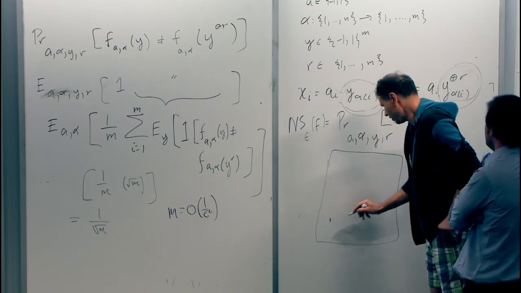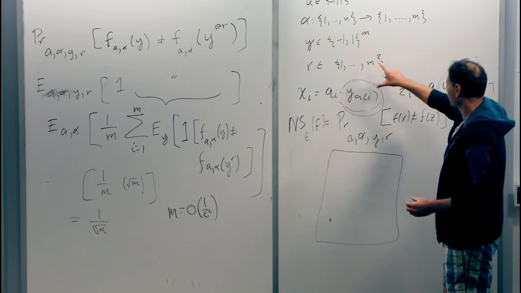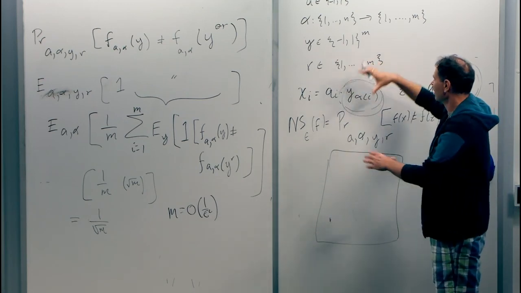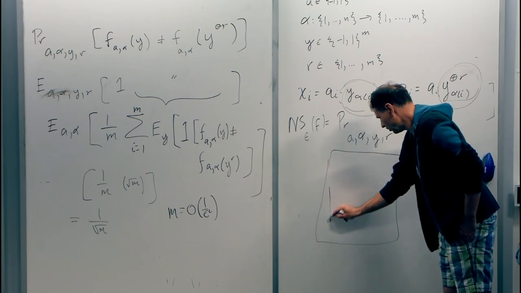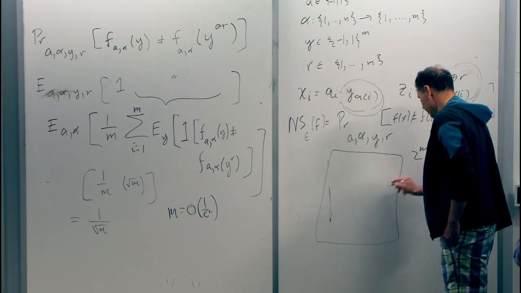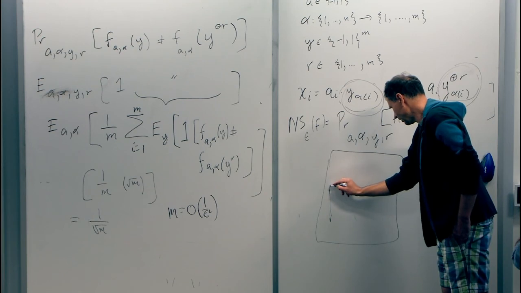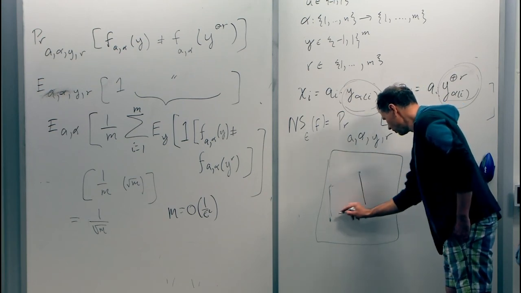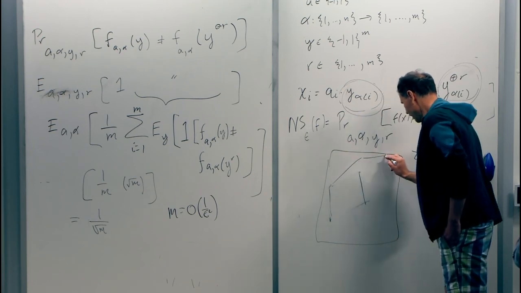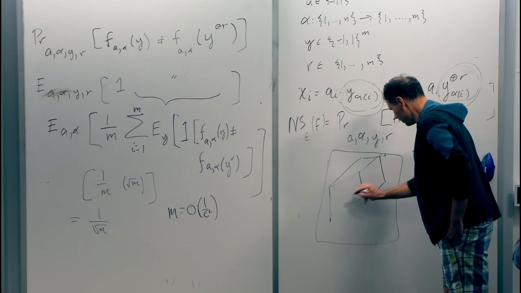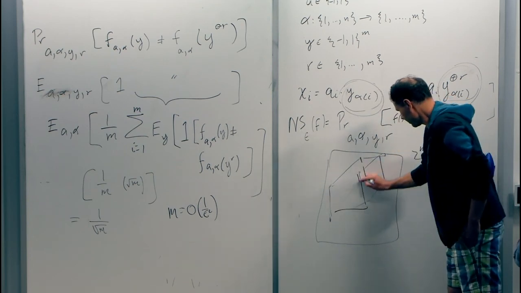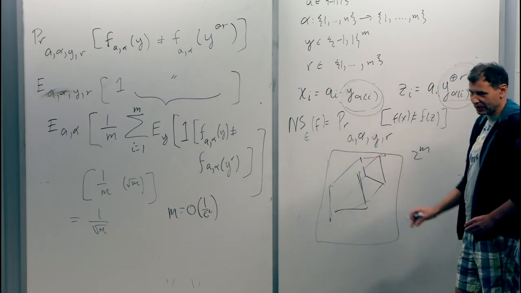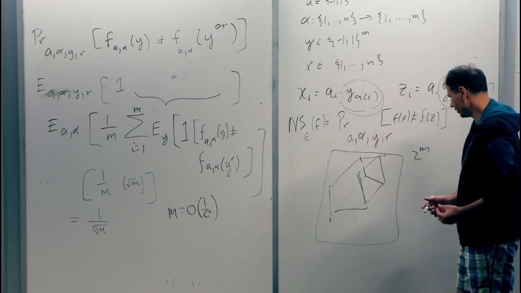If you look at all 2 to the m ways of partitioning it, that would give you 2 to the m points here, like a parallelepiped subcube inside the cube.